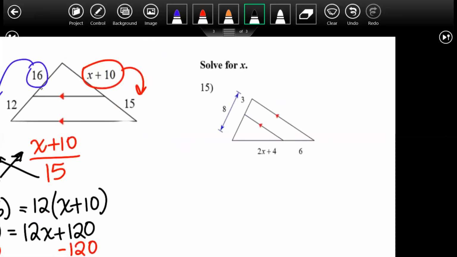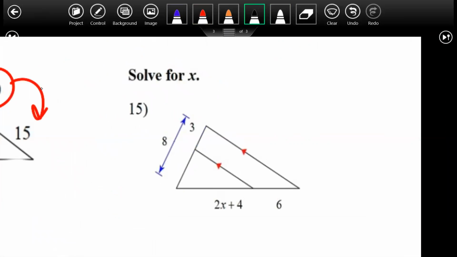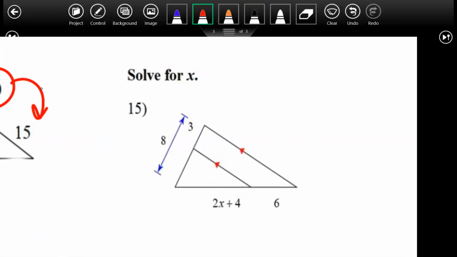If I want to create the same idea and it's giving me the full length, how do I find out what this little length right here is? Subtract 8 minus 3, which is 5. Once we have that, we don't really need this other part. Again, we want to be able to create our ratios.